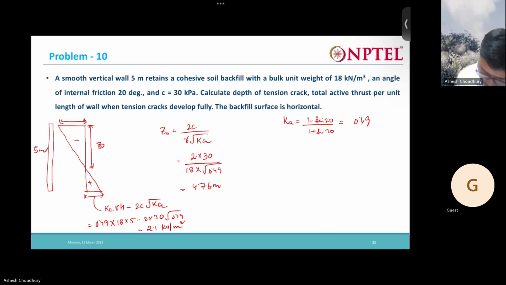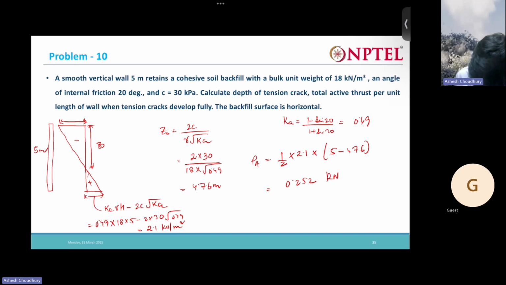So when tension cracks develop fully, only this area will come, right? So my Pa is half into 2.1 times 5 minus 4.76, that is 0.24, so it will come as 0.252 kilonewton per meter.